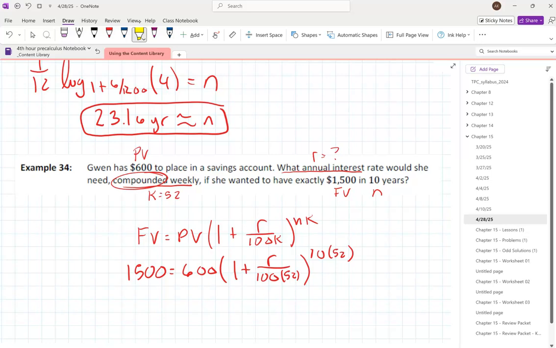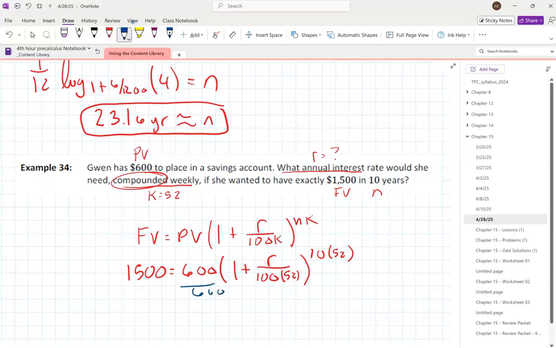Notice, where is my variable located this time? It's inside the base of the exponential, right? It's not in the exponent. So do I need a logarithm to do this? No, I do not. I will start the same way.